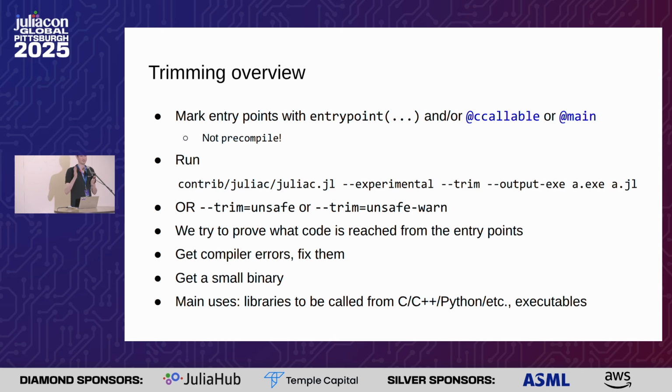So that sort of puts the semi-decision on the wrong foot. You need to do the opposite kind of semi-decision for the undecidable problem. And you need to only try to prove what can be reached. And anything else that I don't know about, well, I'm just going to throw it out and hope for the best. And it's going to be your problem, because the important thing is that we get a small binary. It doesn't matter if the binary works, but it has to be small.